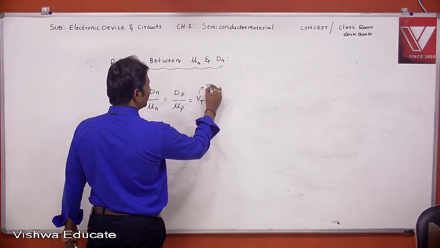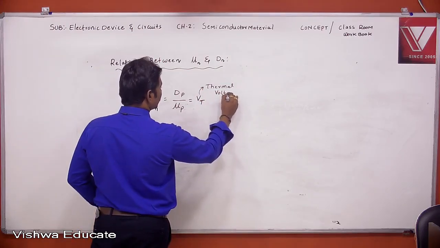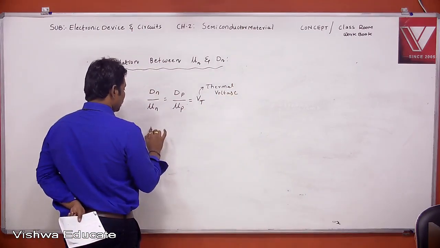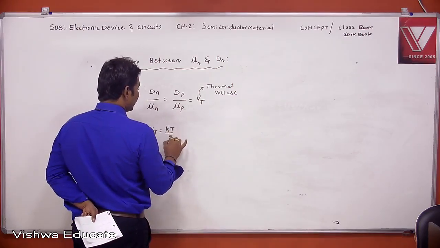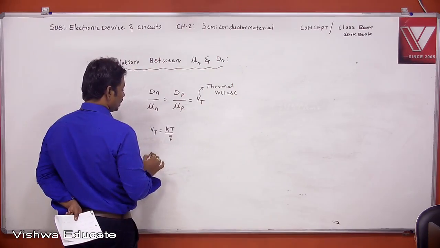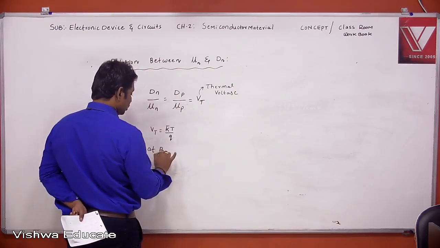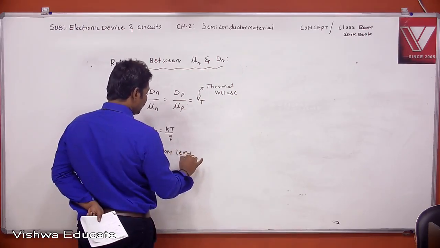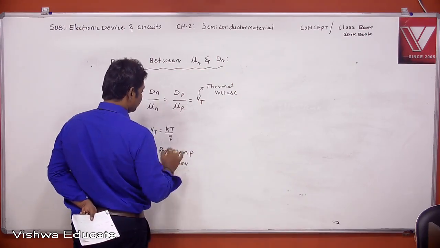Vt is the thermal voltage, which is kT by q. At room temperature, meaning 300 Kelvin, the value of Vt is 26 millivolts.